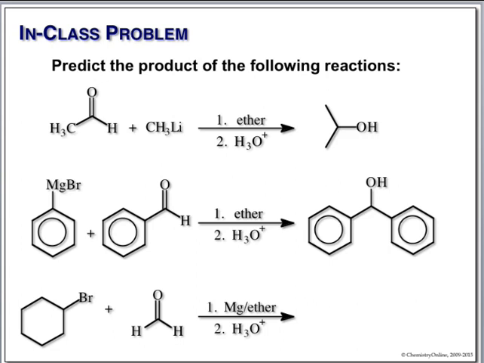This is the other way to show the Grignard reaction with the alkyl halide, magnesium and ether followed by acid. The cyclohexyl anion will simply add to formaldehyde. Now, because it's formaldehyde, we're going to make a primary alcohol.